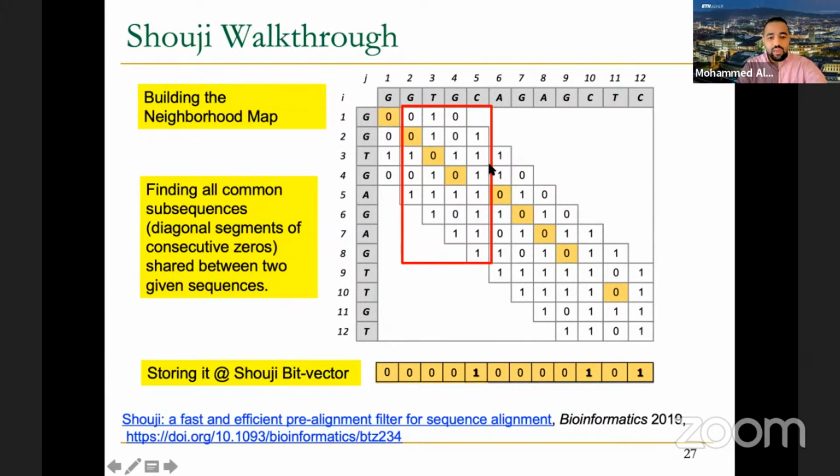Now, when we move the search window over here, you will see that the number of zeros starts to get less and less because they break down into 2 segments: zeros from this segment and another zero from that segment.